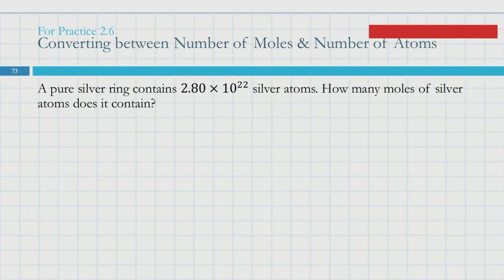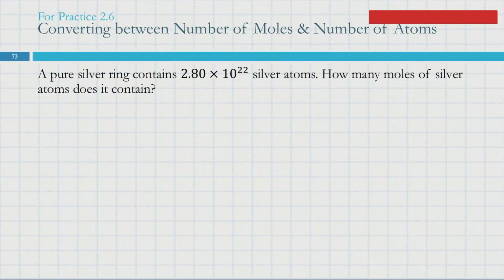For example, let's say that we've got a pure silver ring, and we know through magic or witchcraft or science that it contains 2.80 times 10 to the 22 silver atoms. We want to know how many moles of silver atoms does it contain.